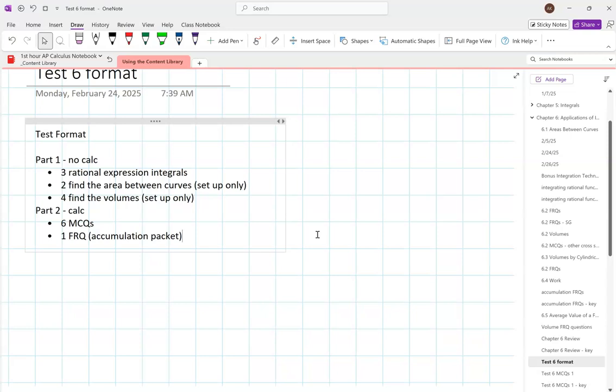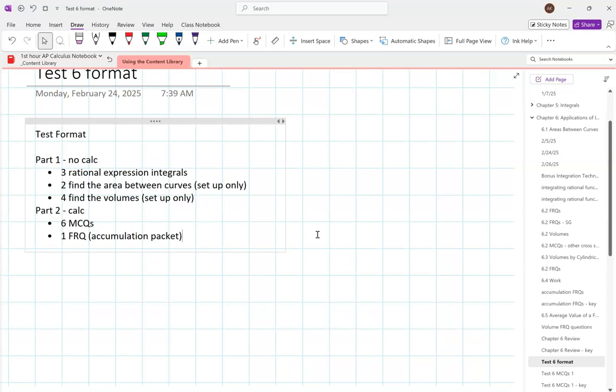The good news is, though, what do you get for the MCQs? Calculator. So even if you have to do an integral, who can do that for you? Your calculator. So this test in particular makes sure that you're competent using that to do integrals and derivatives and stuff, just from a time standpoint.